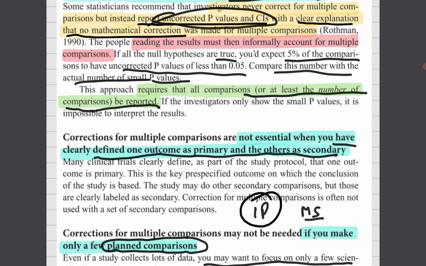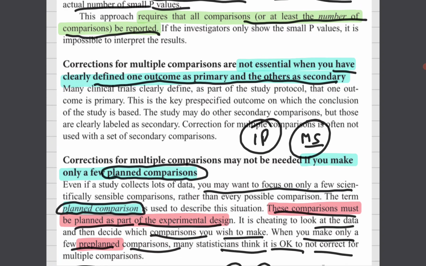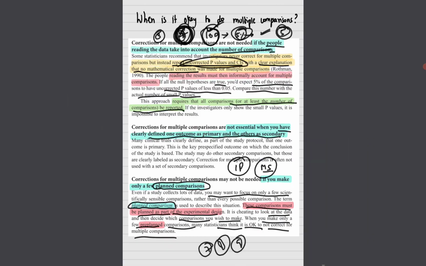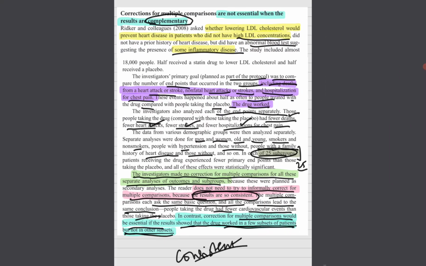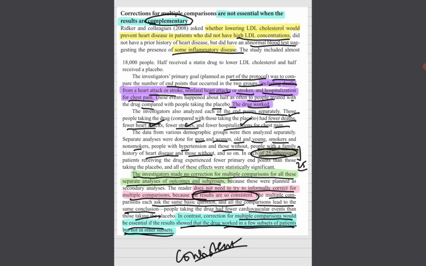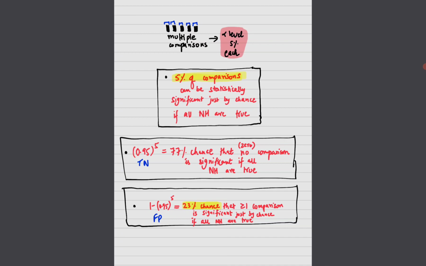So it may be okay to have multiple secondary endpoints and do multiple comparisons. Third, all the comparisons that you are making, even if you are making multiple comparisons, should be pre-planned and pre-specified in your protocol. Then it may be okay to do multiple comparisons and not necessarily correct for them. And the fourth situation is when the results are very consistent across all the comparisons, then it may be okay to not correct for those multiple comparisons.